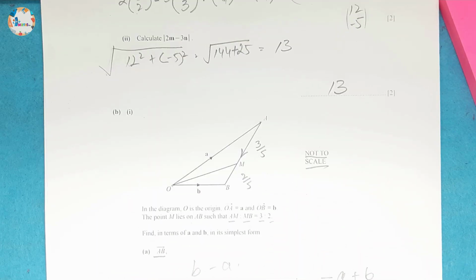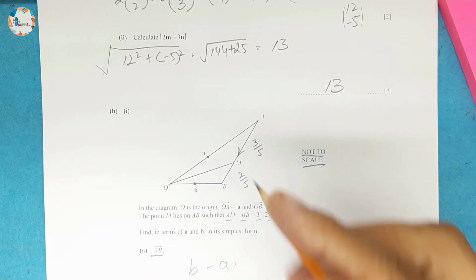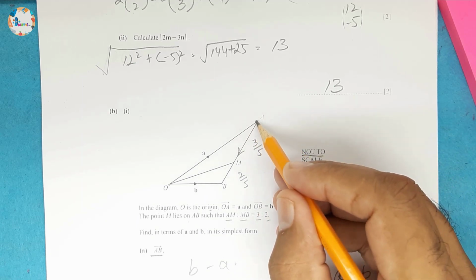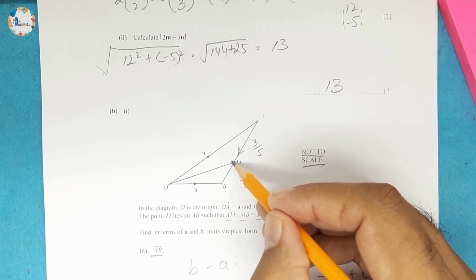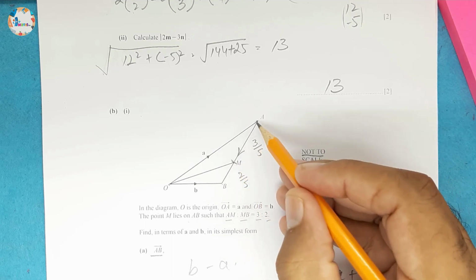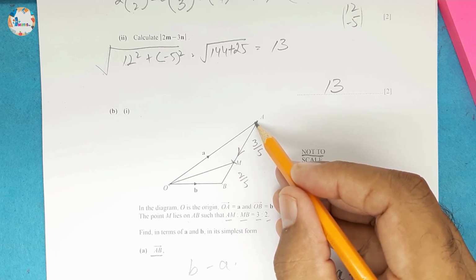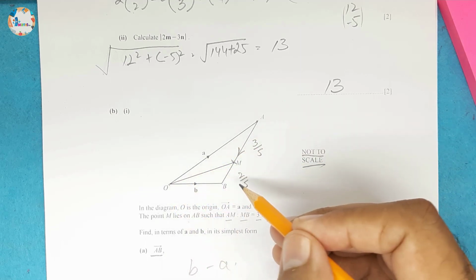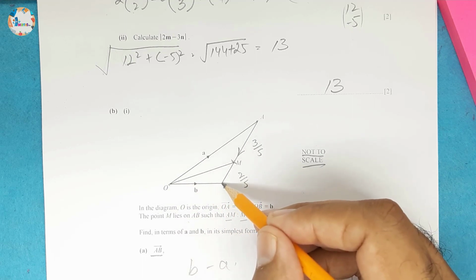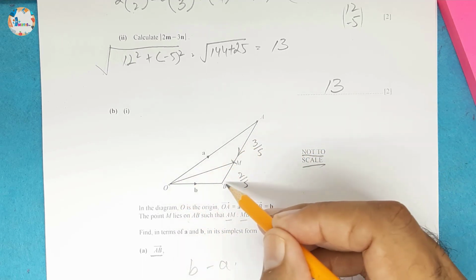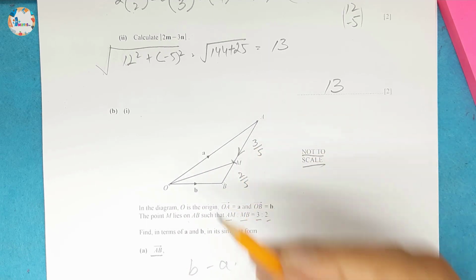Then AM. AM will be what? AM will be up to this one. So AM, we can take this route, this one and this one, or what we can do, we'll take 3/5 of AB.